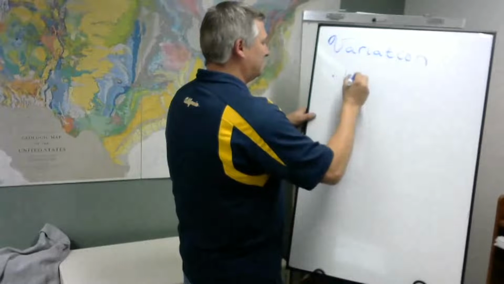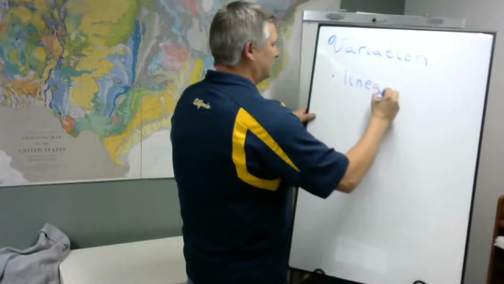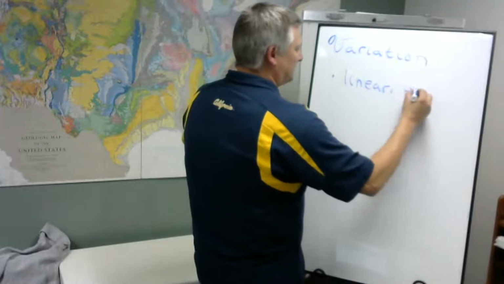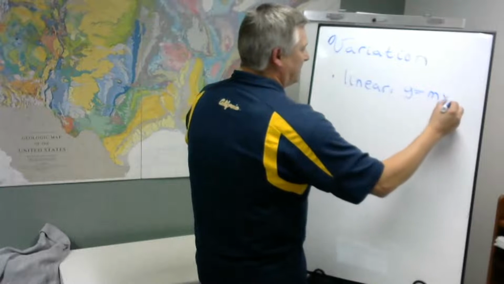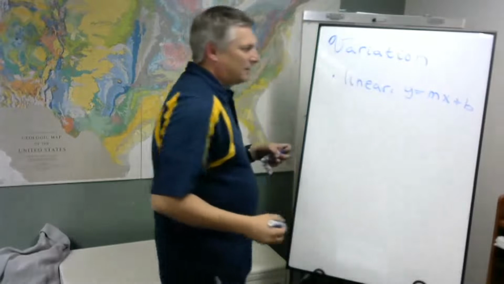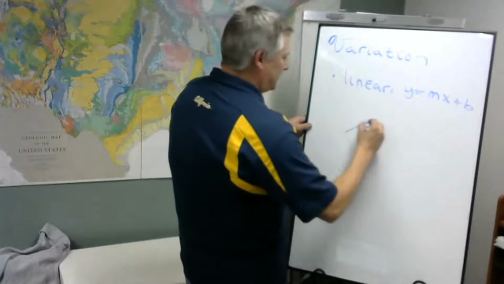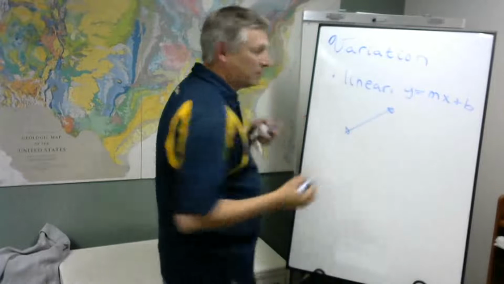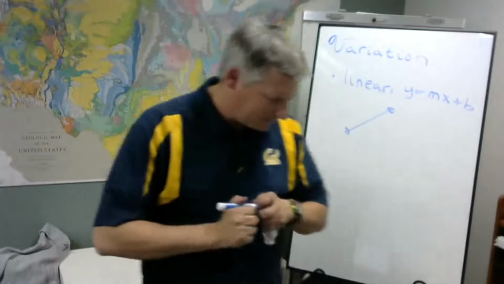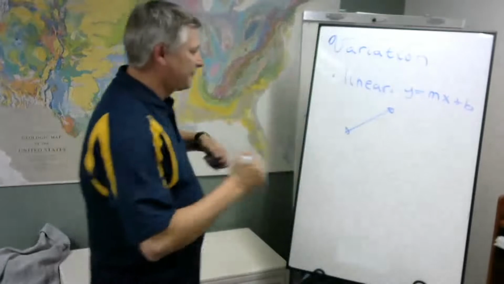We have linear, and this is described with lines like y equals mx plus b. So we're looking for relationships we can describe with lines. Now we have polynomials.